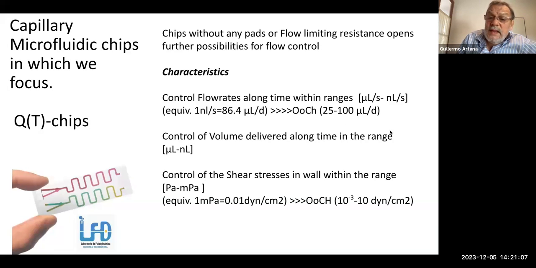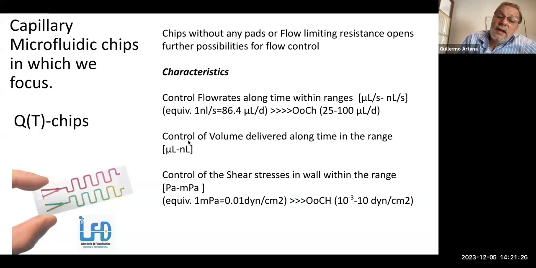Just to mention, you can have different control of flow rates over time in this range, from microliters per second to nanoliters per second. This means that you can have very low flow rate control.